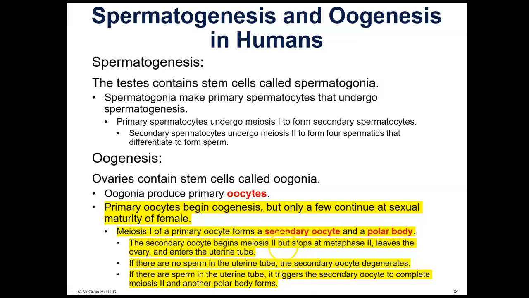And if it's not fertilized, it will degenerate. If the secondary oocyte is fertilized at metaphase 2, then it'll continue on to anaphase 2 and telophase 2 and cytokinesis, and it will form an egg and another polar body. And the egg will be the fertilized egg.